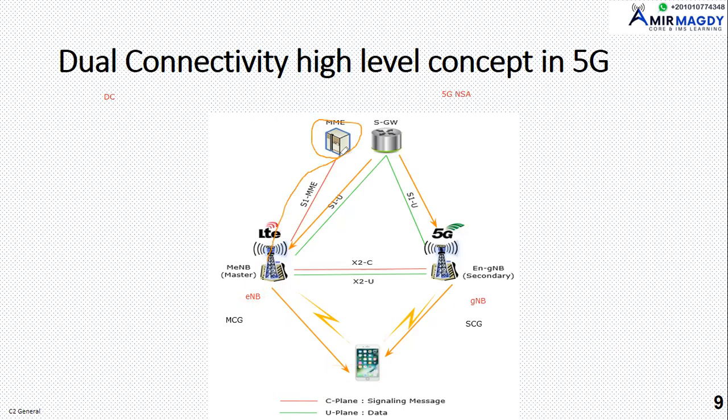And then you start handling your signal. Once the signal is handled, the data traffic will be done by the G node B, and by the E node B of the 4G as well.